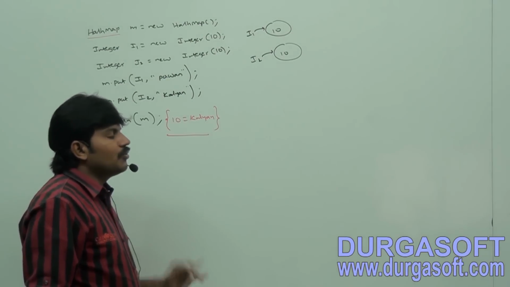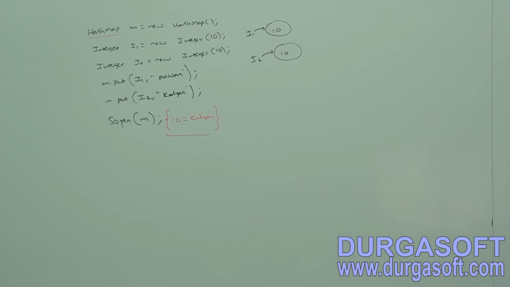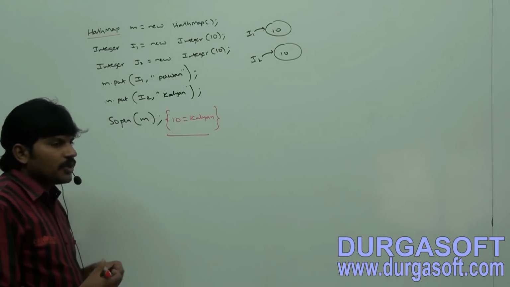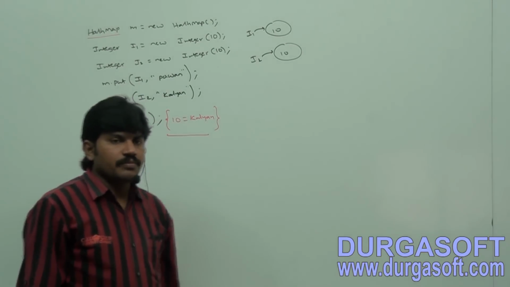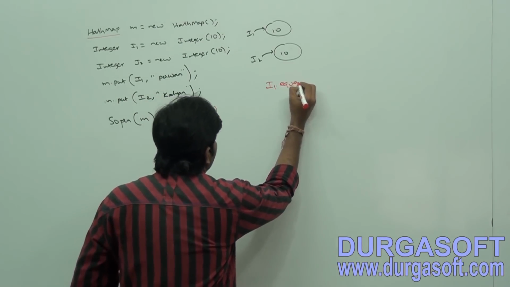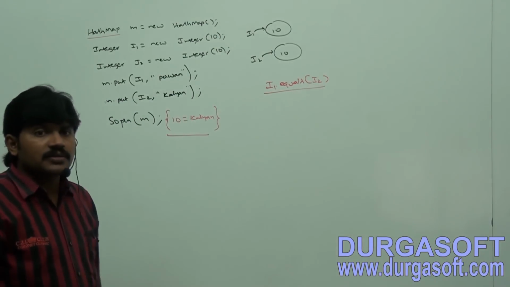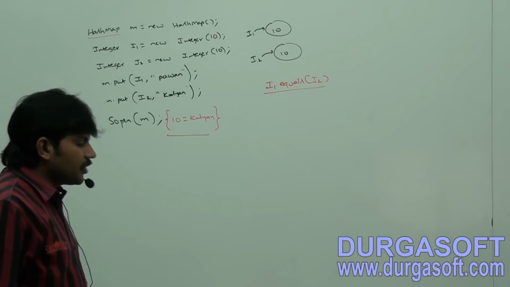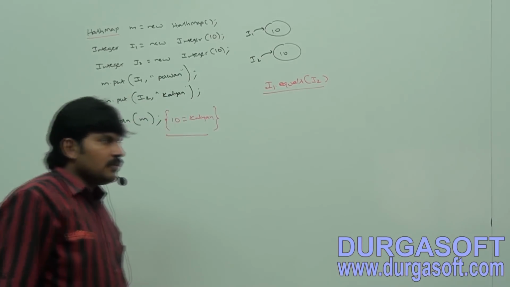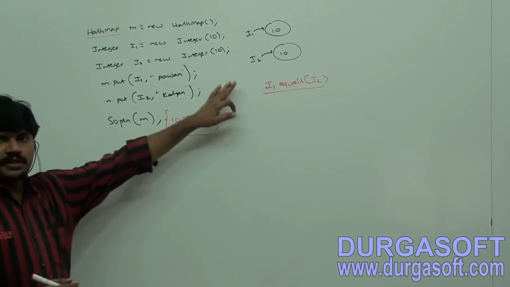I1 and I2 are duplicate keys because i1.equals(i2) returns true. Completed up to this, I hope.